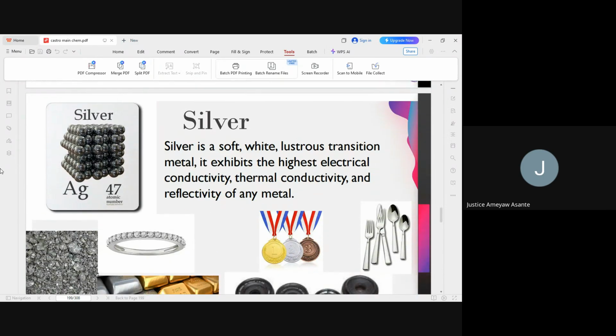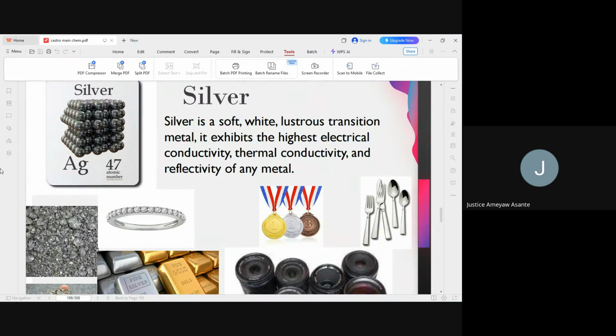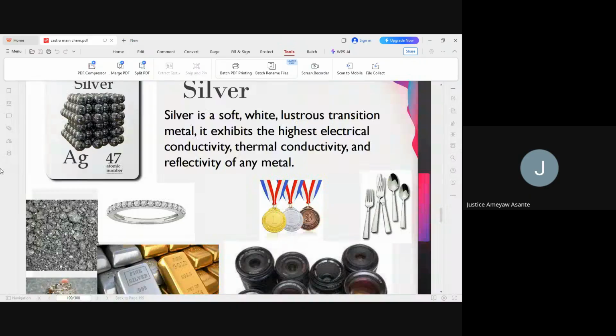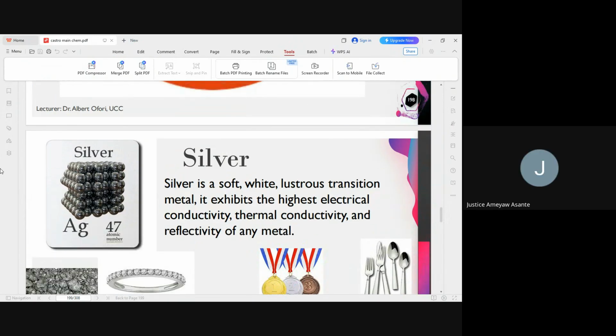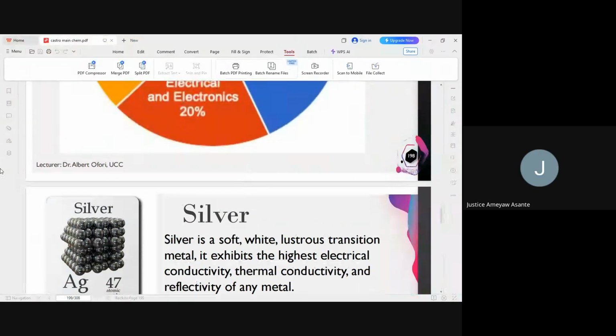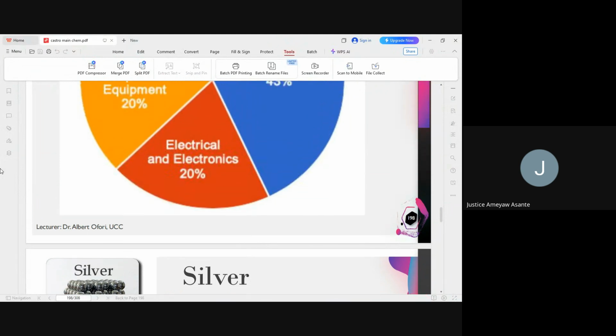The next important element is silver. Copper is not... Say, yeah, please, can we know some of the sources of copper? Since the ore, you remember the ore, the bauxite, those kind of things.